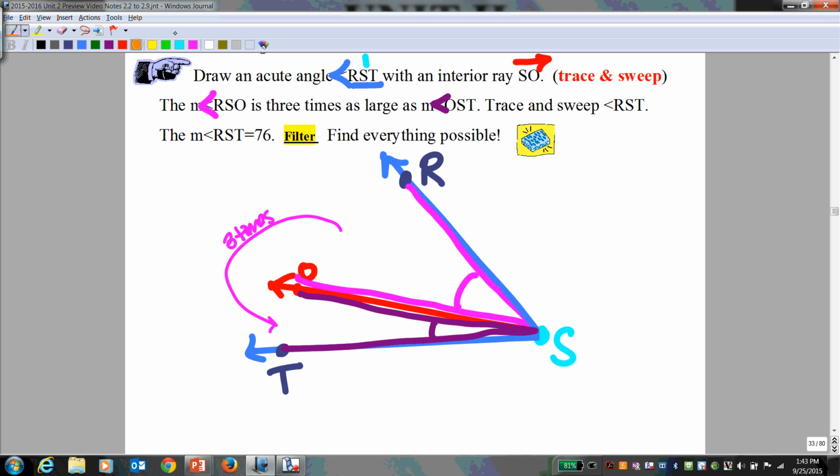Trace and sweep, RST. And the measure of angle RST is 76.